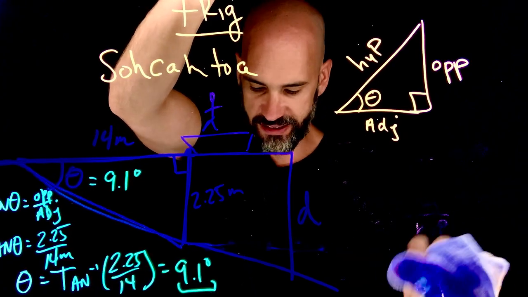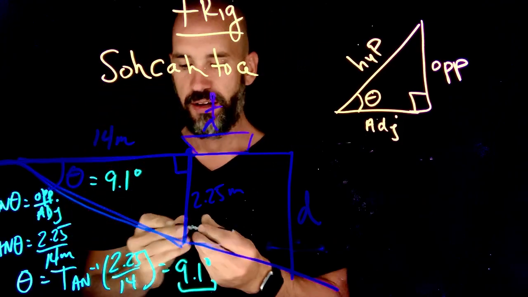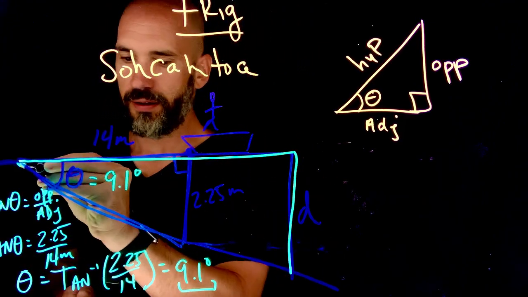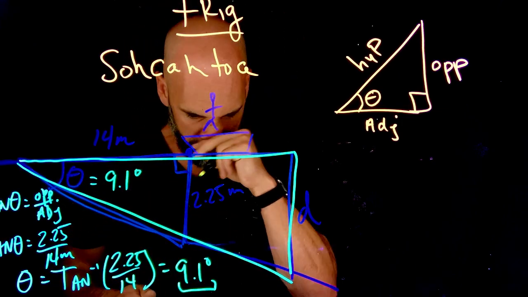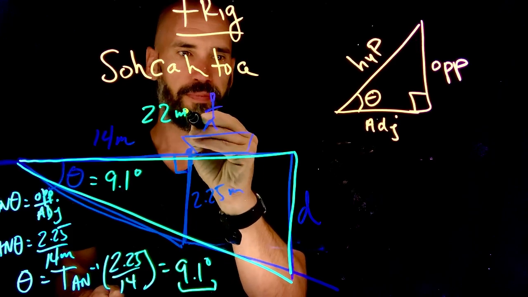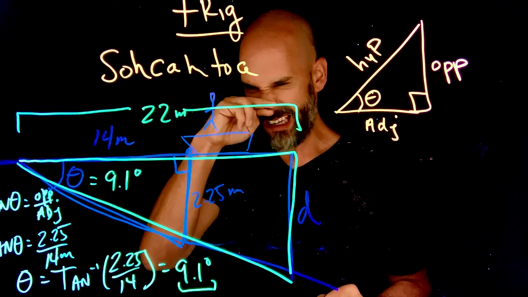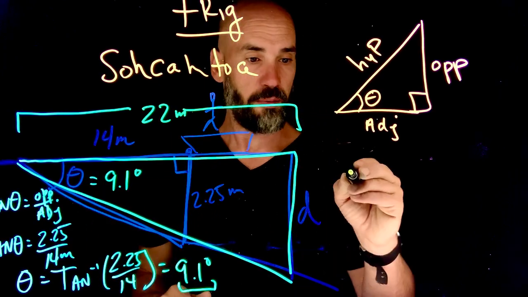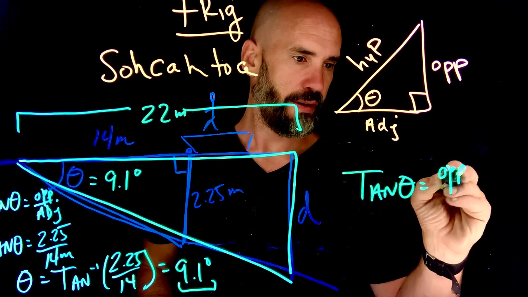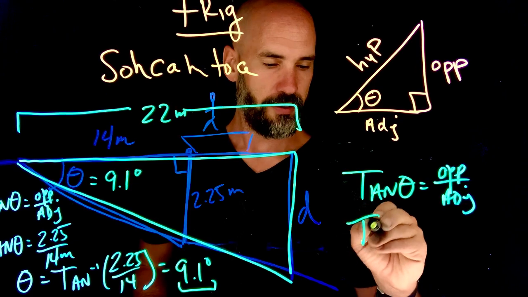So let's say now part B says what would be the depth of the lake a distance 22 meters out, right? So now this is my new triangle at 22 meters. Okay, so in this case, I want to use the same formula. I want to use tan theta equals opposite over adjacent, except this time I know my angle.